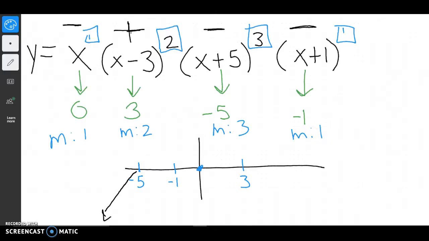The multiplicities of a function will tell you if it's going to bounce or if it's going to go through. It will bounce every time you have an even multiplicity, and it's going to go through every time you have an odd multiplicity.